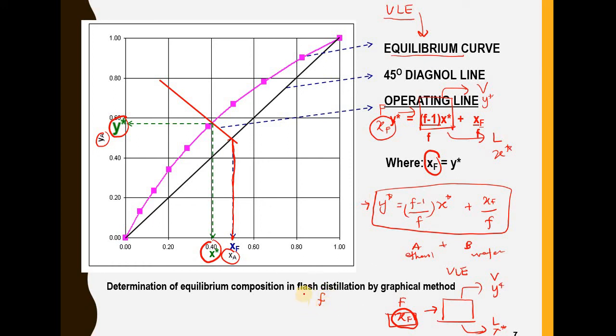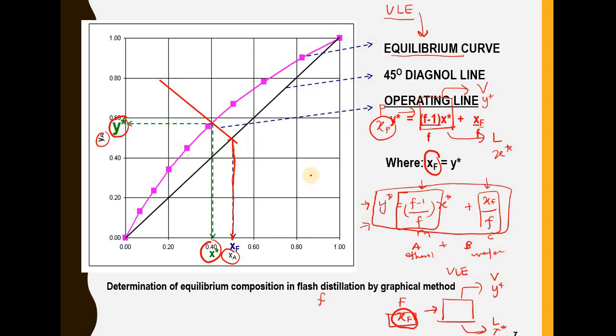When I have the F value, from this equation I will calculate the gradient, and from the XF and F value just now, I can calculate the C value, the gradient and intercept. So I can make a line by using this equation.